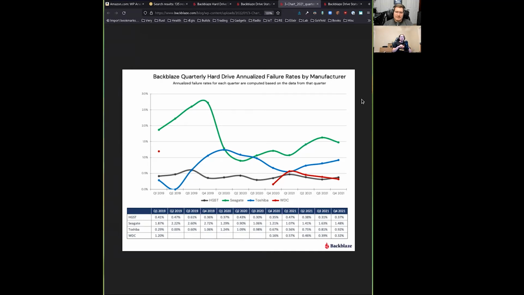So when you say consumer, do you include their NAS drives, like IronWolf, for example? Or do you mean the lower ones that you'd find off the shelf at a Best Buy? I might be wrong, but I believe that even those a few years back might have had a 3-year warranty, but now they have a 5.